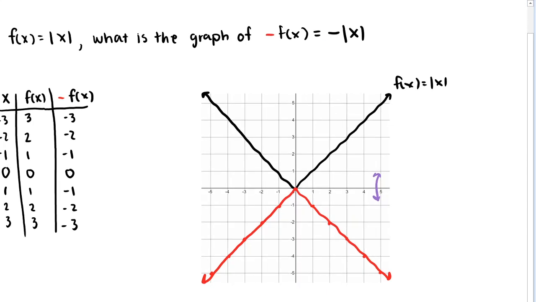This is a vertical reflection of the graph. When we take our function and we negate it, it's going to give us a vertical reflection over the x-axis.